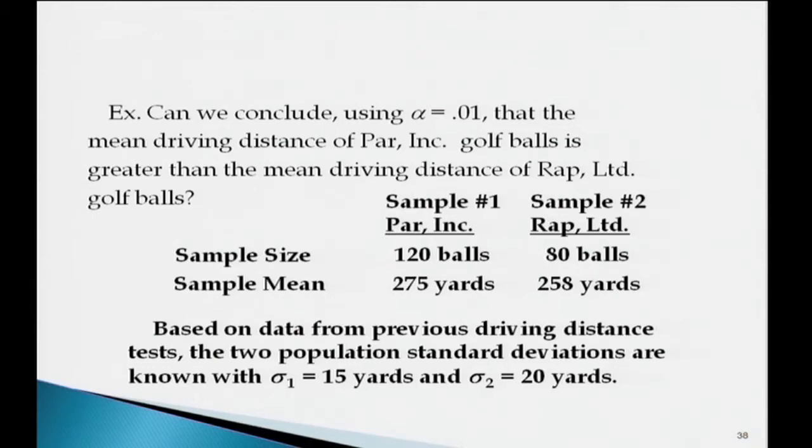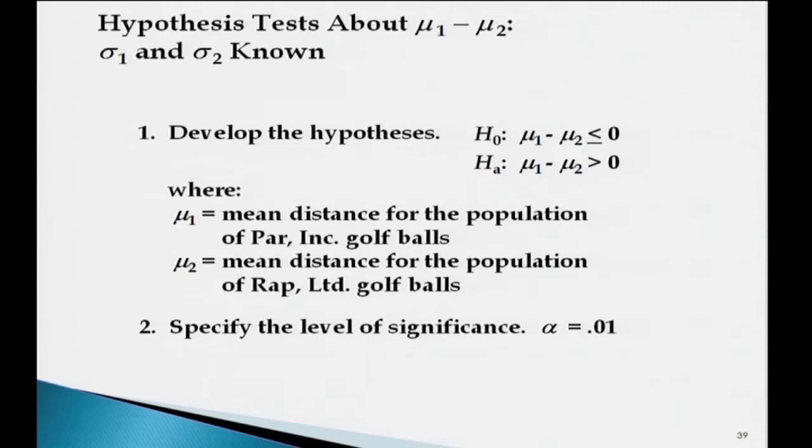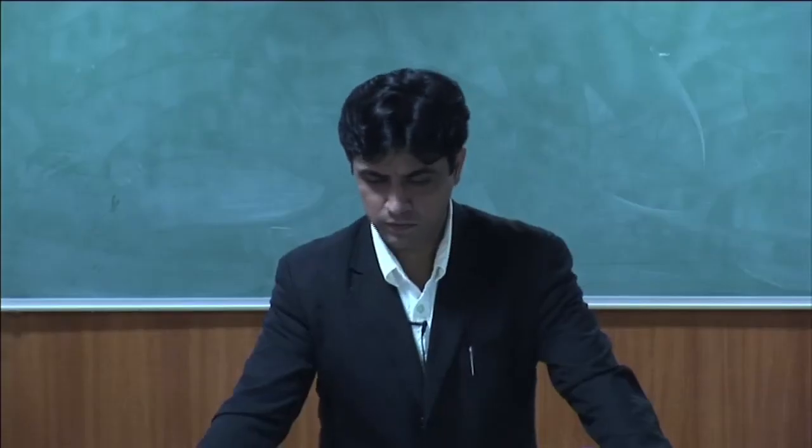If it is travelling a lesser distance, that is another situation than travelling a greater distance. So in the null hypothesis we can say mu 1 is less than or equal to mu 2. Either here you can say mu 1 is equal to mu 2 or less than or equal to mu 2. This is the null hypothesis of equality. Then the alternative will say mu 1 is greater than mu 2. So the Par Inclusive is able to travel more distance than RAP Limited.